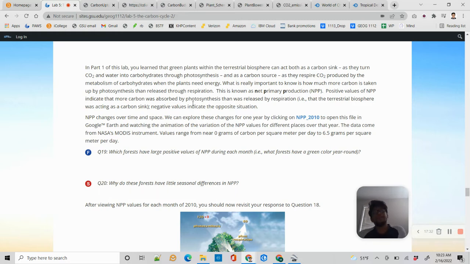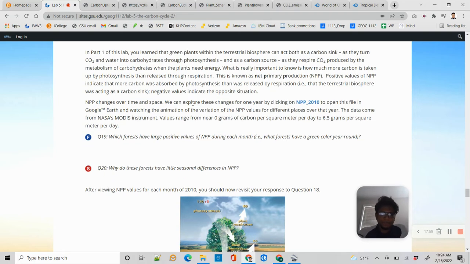And if you take 100 and the whole process releases 120 altogether, that means 100 minus 120 is minus 20, which means the net primary production NPP value is negative. That indicates that there is more release into the atmosphere than the whole process could take.